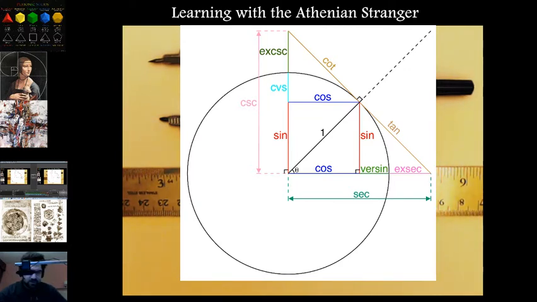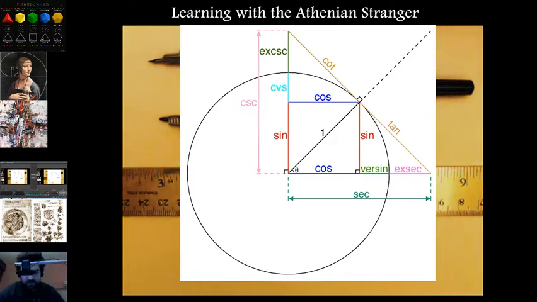Here we're looking at an angle of 45 degrees, but you also see the tangent, the cotangent, the coversine, the versine, the external secant, the external cosecant, or rather the cosecant, the secant, the cotangent and the tangent. So it would be helpful to understand what it is this image is showing and how we might go about calculating it.